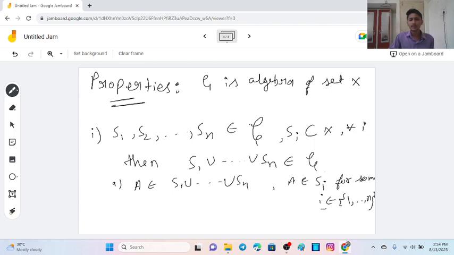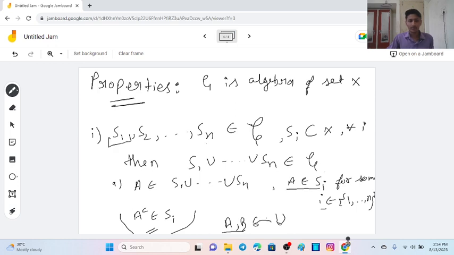If that happens, then obviously A complement will also be there, right? Why? Because all S1 to Sn belong to the algebra of set X, so their complements will also be there. Therefore, A complement belongs to Si. The same thing we can prove: if A and B belong to the union, then A union B will also belong to this union.